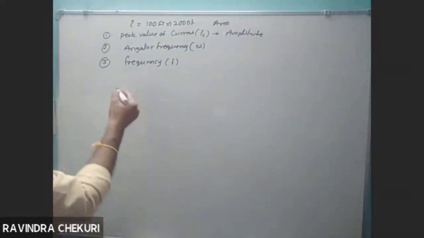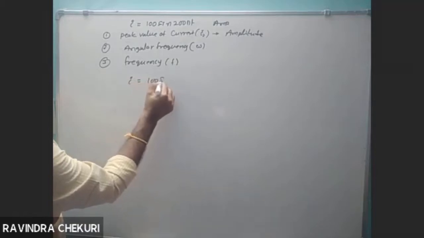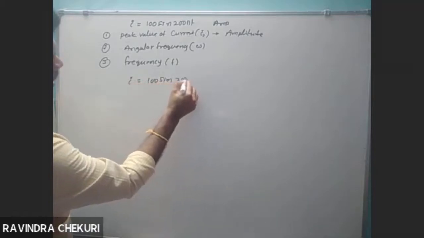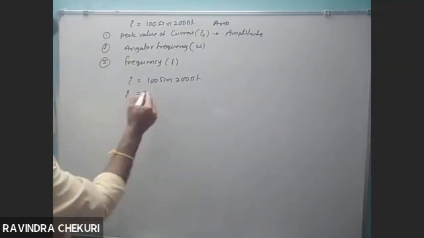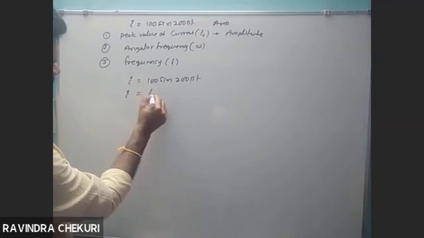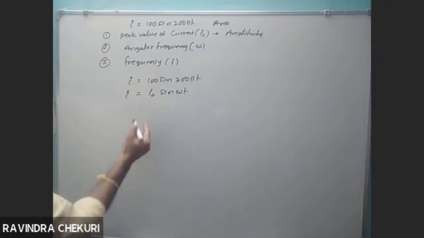What is the given equation? I is equal to 100 sine 200 pi t. Compare this equation with the standard equation I is equal to I naught sine omega t.